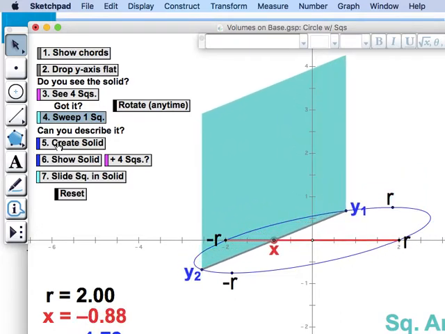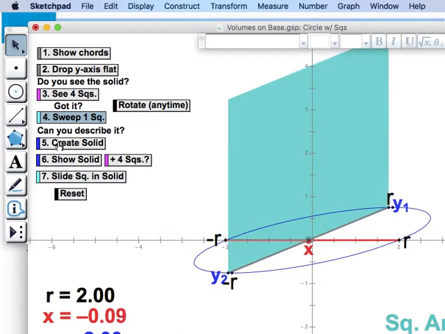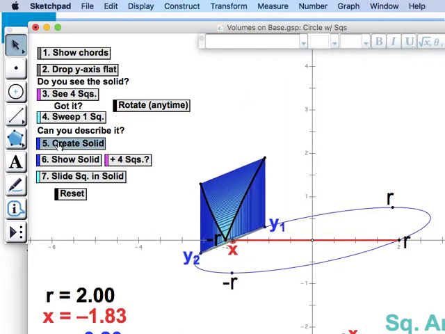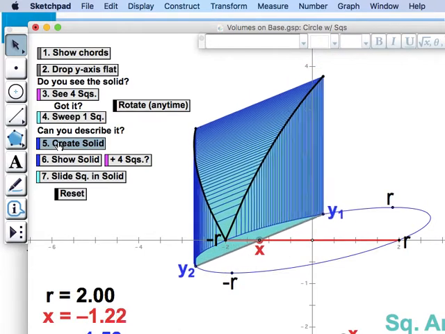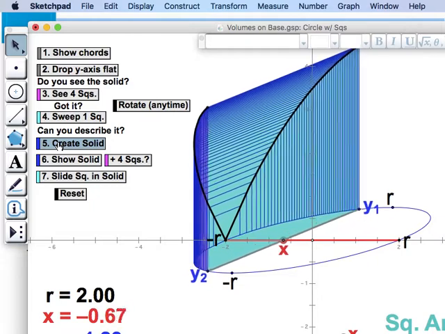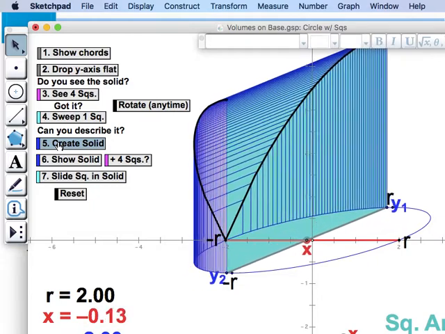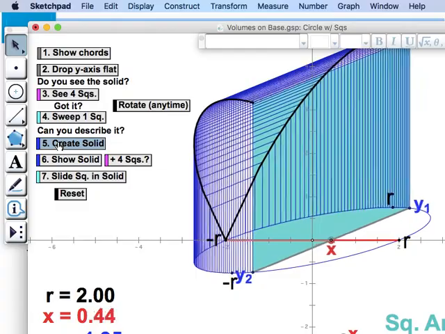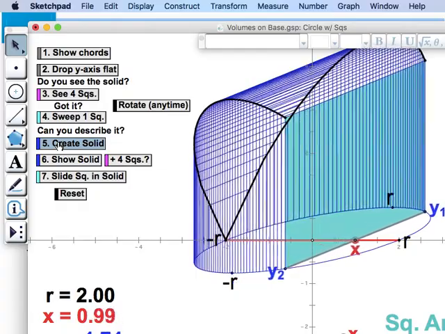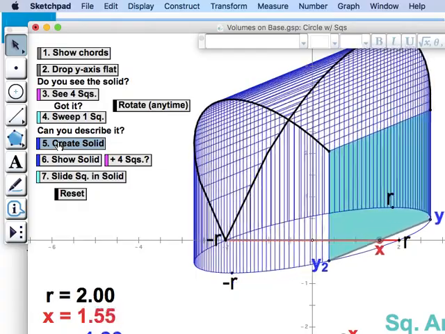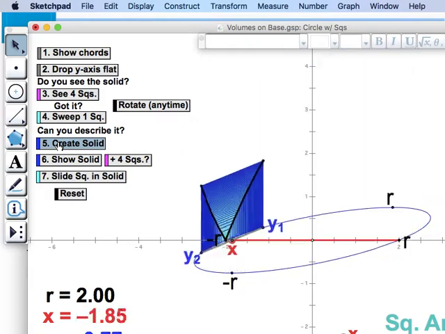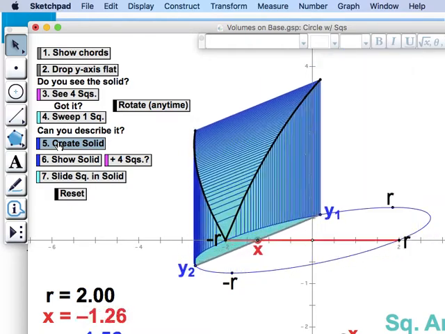So now I'll show you what that thing looks like. That's wonky. That would be wonky. So this edge out in front would still be curved. In fact, if you look at this thing from the top, it would look like a cylinder.